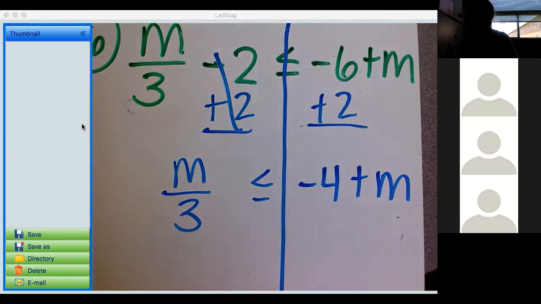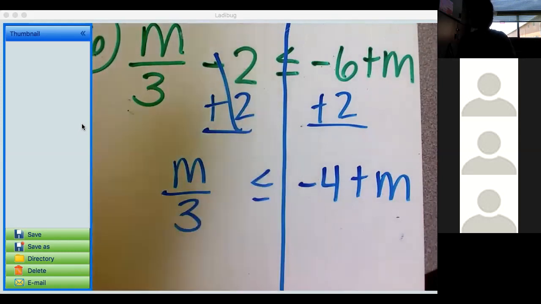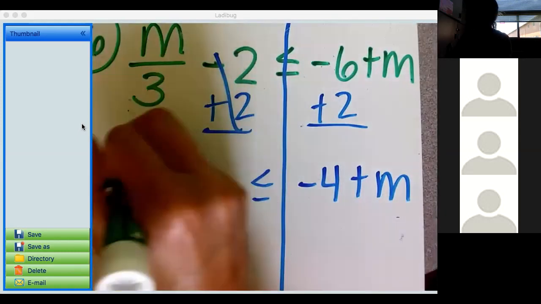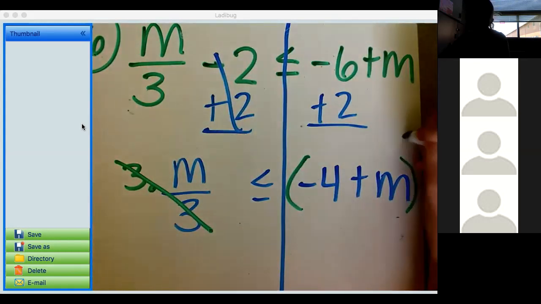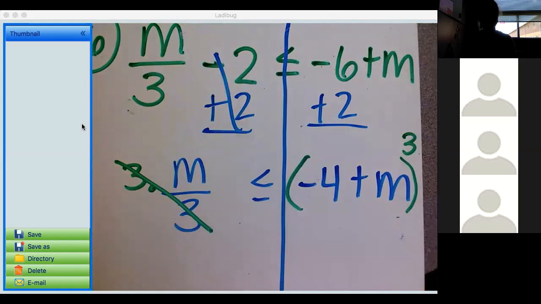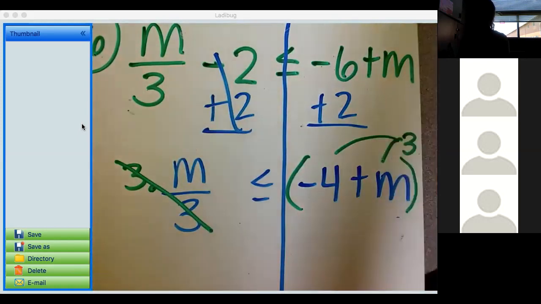Now we can't get our M's together yet because this M has junk in the trunk now, right? So how do I move this junk in the trunk? Now you can move it. Multiply. So I'm going to multiply this side by 3. They cancel. You got to multiply this whole other side by 3. Does that make sense to everybody? So we're going to have to distribute over there.